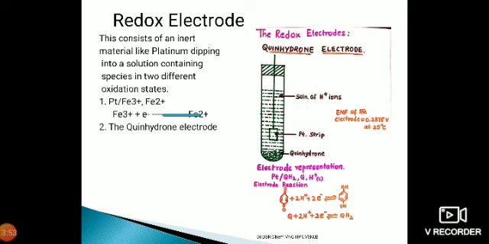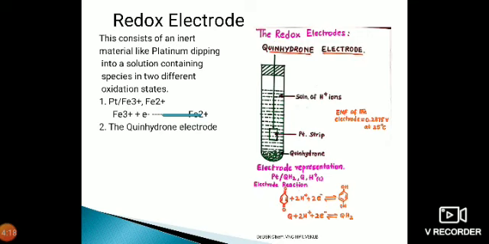That means a platinum wire is used for making an electrical contact, and it is placed in a solution of iron with two different oxidation states, Fe3+ and Fe2+. The reaction here: Fe3+, ferric, by accepting an electron, converts itself into Fe2+, ferrous.